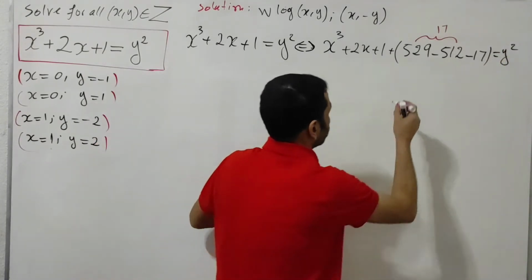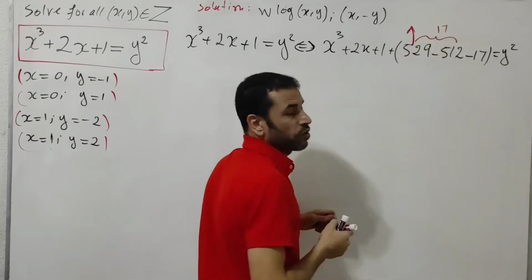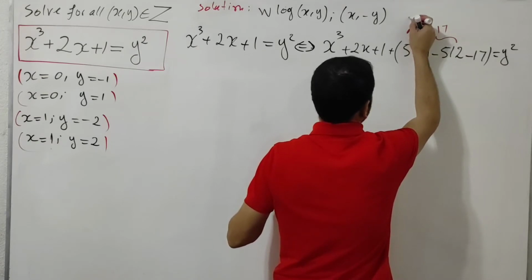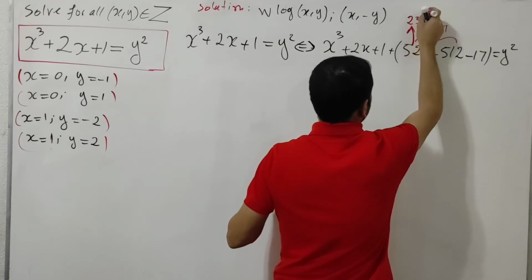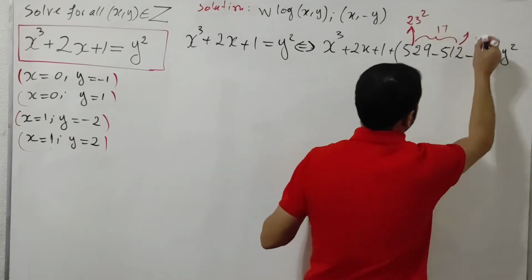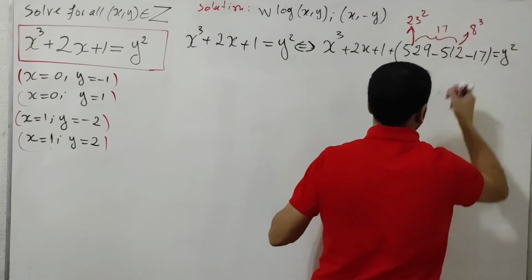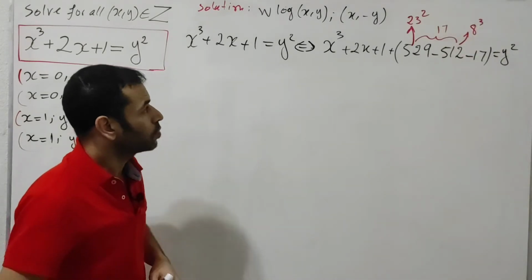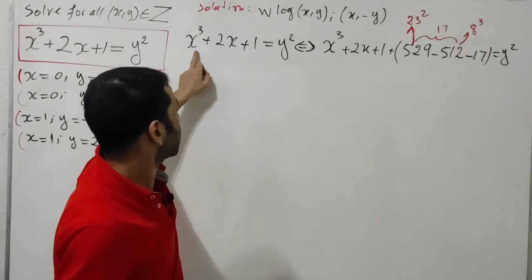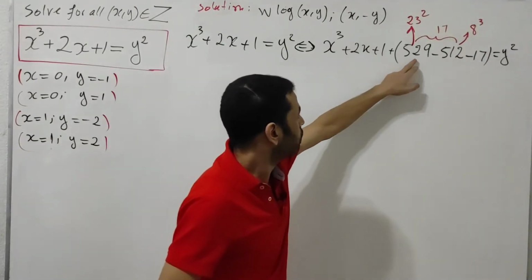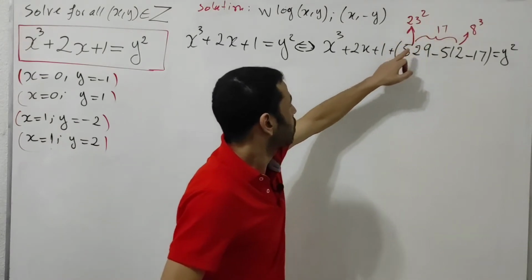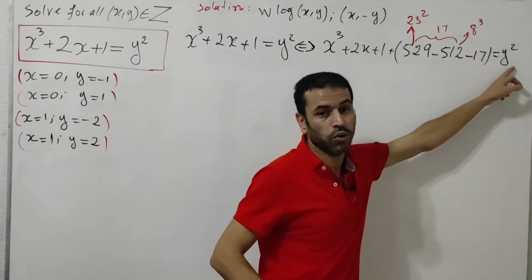If you take a look carefully, this term 529 is the same as 23 squared, and 512 is the same as 8 cubed. Now I'm going to take this 8 cubed, put it next to x cubed, and take 23 squared and put it next to y squared.